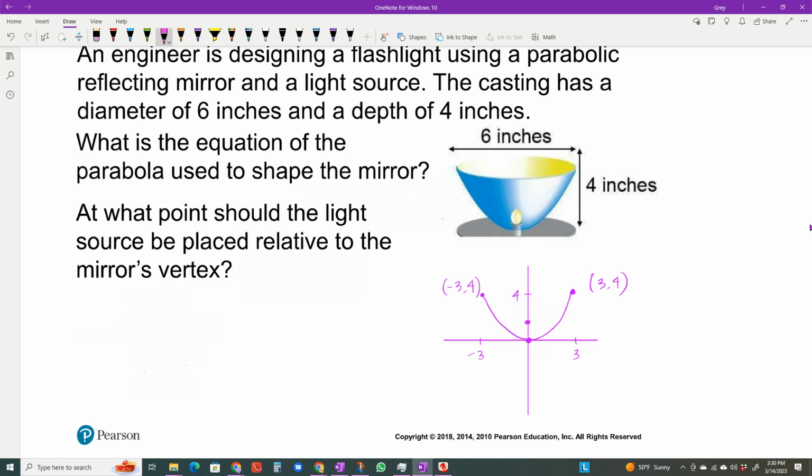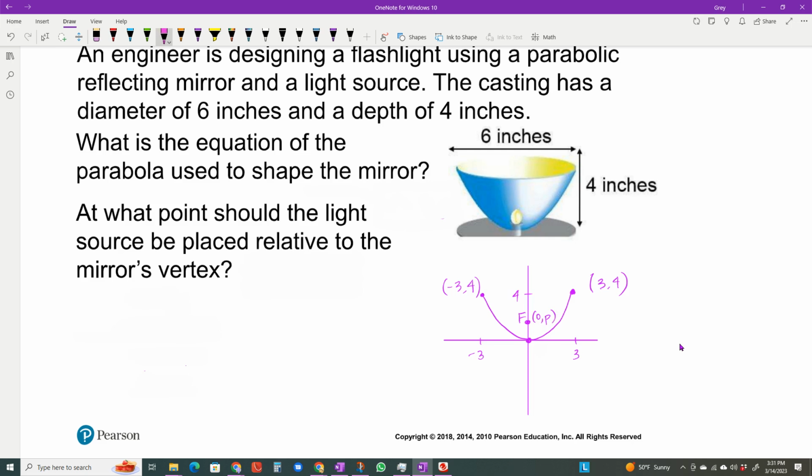Now, obviously, there's some point inside my curve that represents the focus, and I've got to be able to find that. I've got to find the equation. So to find the equation, I need to find the p value because my focus is at (0, p).